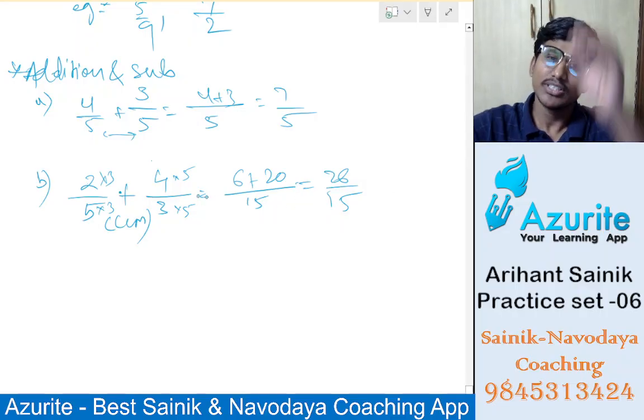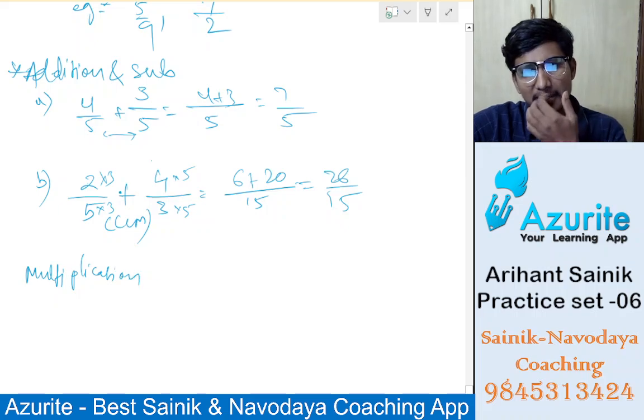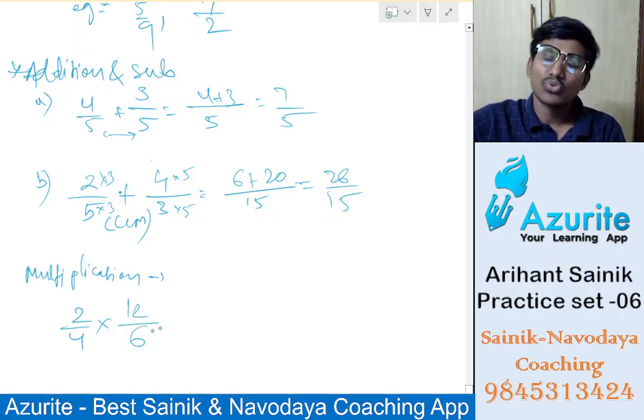Addition and subtraction. Now multiplication. Multiplication, how do we do? So like 2 by 4 into 12 by 6. So how do we do?